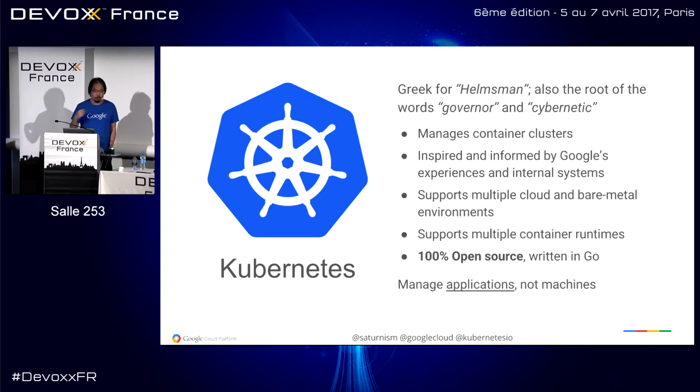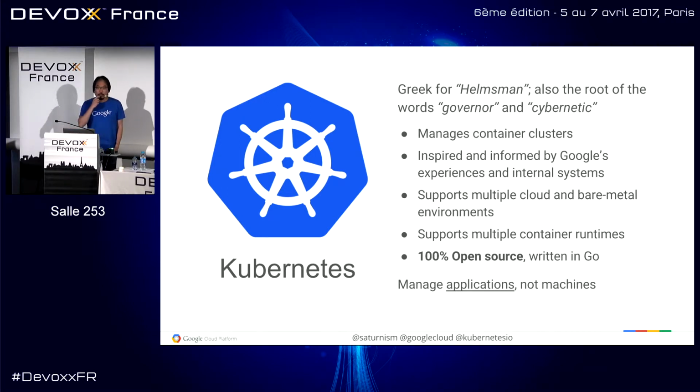And it draws on Google's experience in managing containers for a very long time. In fact, Google committed one of the fundamental technologies for containers, called cgroups, into the Linux kernel a while back. And that is one of the fundamental technologies that people use to build their containerized systems today. Okay?